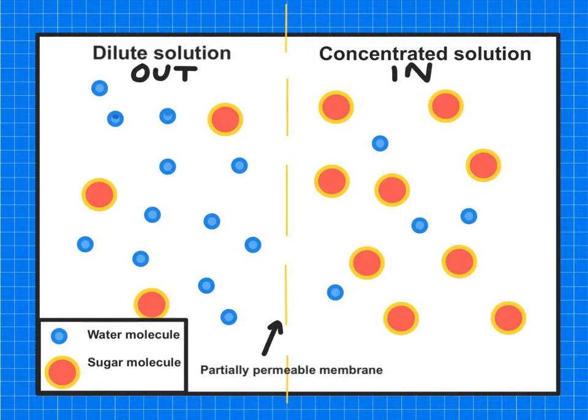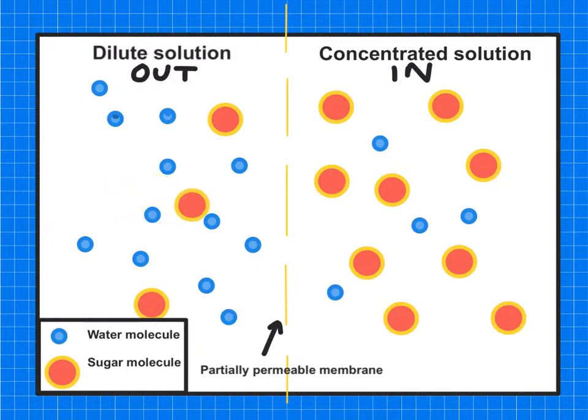The dilute solution is on the outside of the cell, meaning that there are more water molecules. As you can see, there are more water molecules mixed in with sugar molecules, but there are more water molecules in the dilute solution. In the concentrated solution, there are fewer water molecules and more sugar molecules in this example.